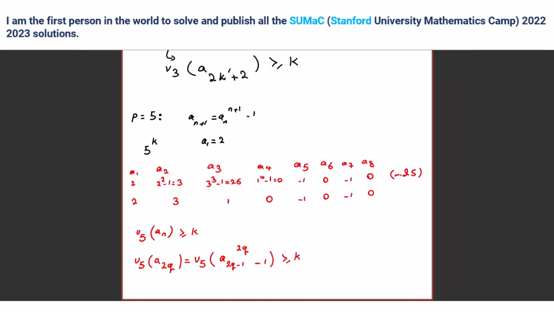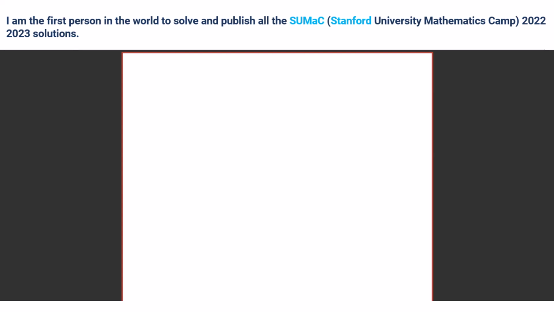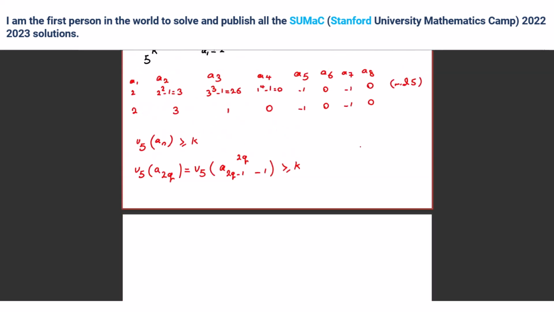Okay. Now for which q is it at least k? What should we do here? q equals 0, 1, 2? Oh, wait, no. Look, we want to prove this. It is not guessing. We don't want it to only be at least one multiple of 5. We want this one to be at least k. Yeah. So then we should do what?